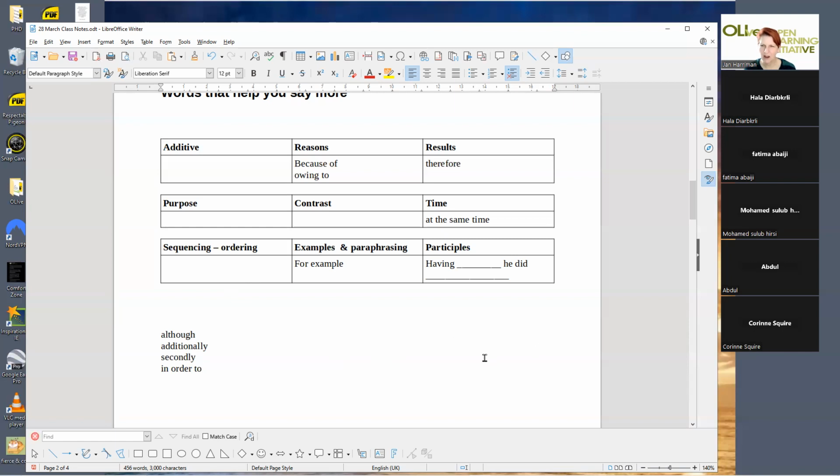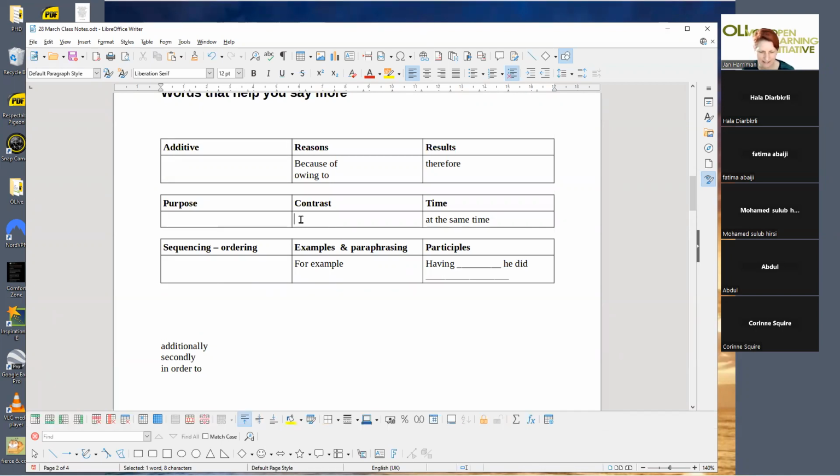Although. I think it's contrast. Yes. I was confused between sequence order and contrast, but I chose sequence order. Why is it contrast? Because it's suggesting an opposite idea. So whatever's on one side is going to be different from what's on the other side. Although it was a sunny day, I stayed in bed and read a book.